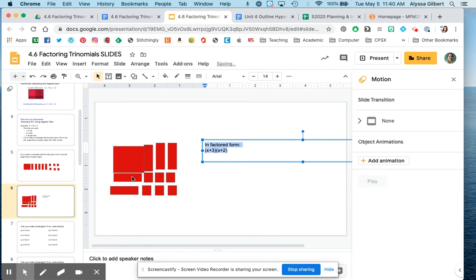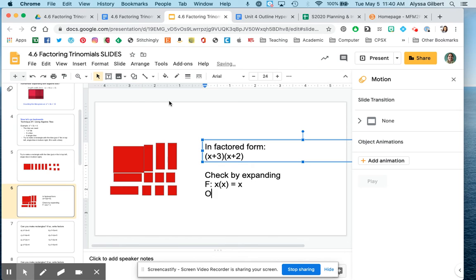Okay, I'm going to make this bigger. Okay, and if we want to check by expanding, remember if we do FOIL, x times x gives us x squared. I'll change that later.